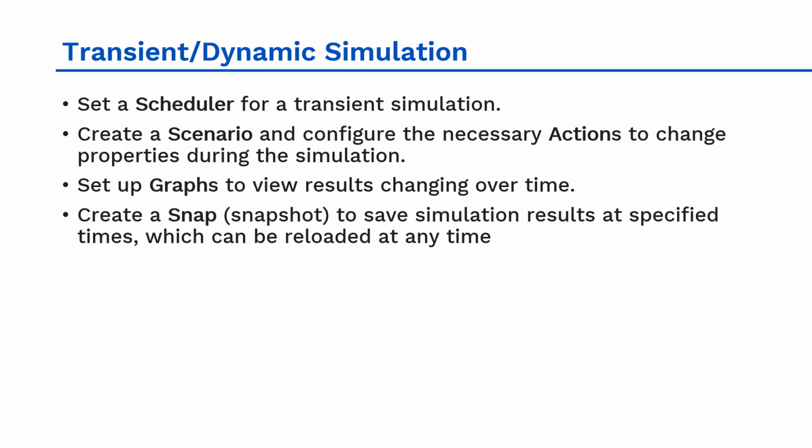We can have a setup to see the time-based results during the solution and how it changes over time. And we can also create a snapshot to save the simulation results at a specified time, and then we can reload it anytime if necessary.